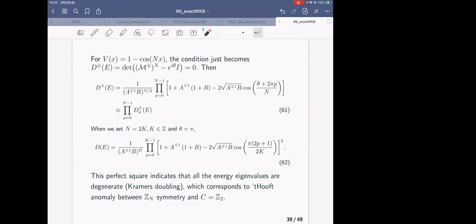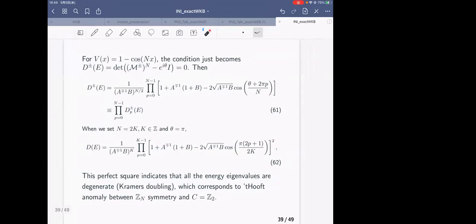And when we set theta equal to pi and this n is an even number, then this Fredholm determinant becomes a perfect square, which means all energy eigenvalues are degenerate, and which means a two-fold anomaly of the system, more precisely ZN symmetry and a complex charge conjugation symmetry. So we can analyze anomaly or such topological information from this Exact-WKB method, not just calculating the energy eigenvalue.